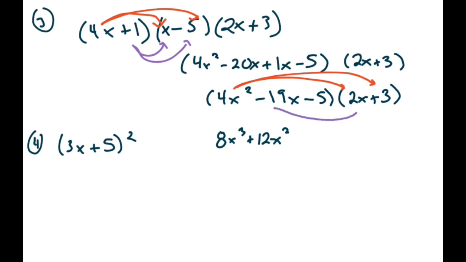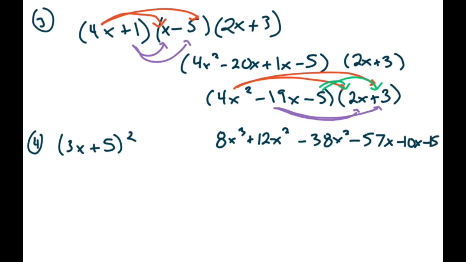I'll then distribute the minus 19x to both terms, which gives me a minus 38x squared minus 57x. That's 57. And then I need to distribute the minus 5 to both. So this gives me a minus 10x minus 15.